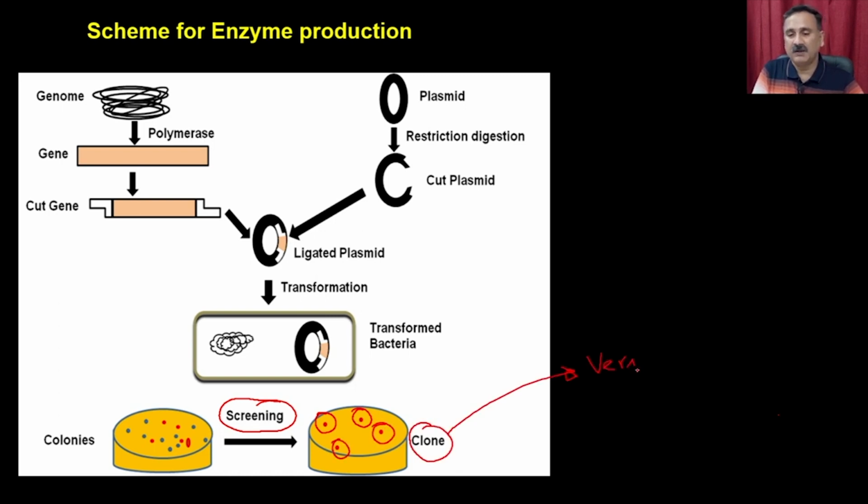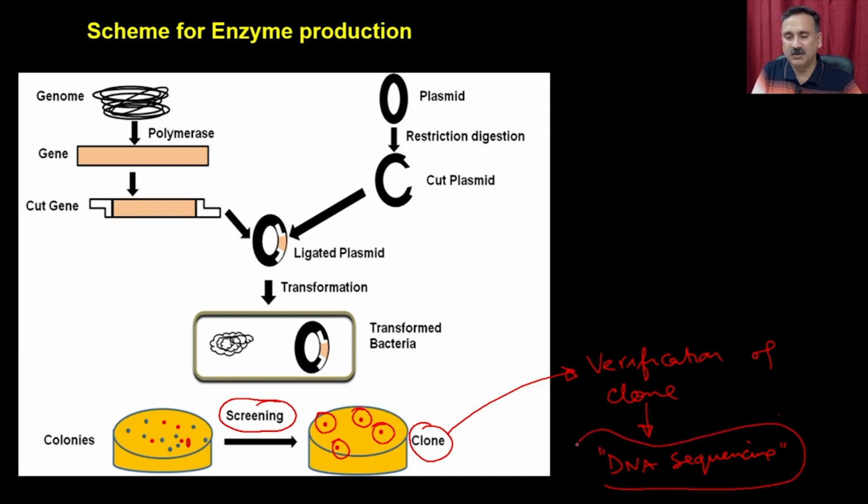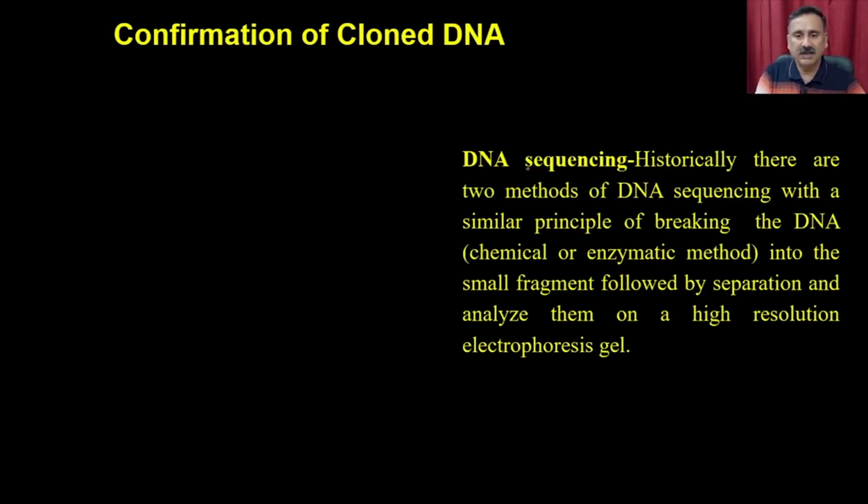The verification of the clone is very important so that you are not misguided, and verification of the clone can be done with the help of DNA sequencing. You can sequence the clone to know whether the gene fragment of your interest is present. So the confirmation of the cloned DNA can be done by DNA sequencing.